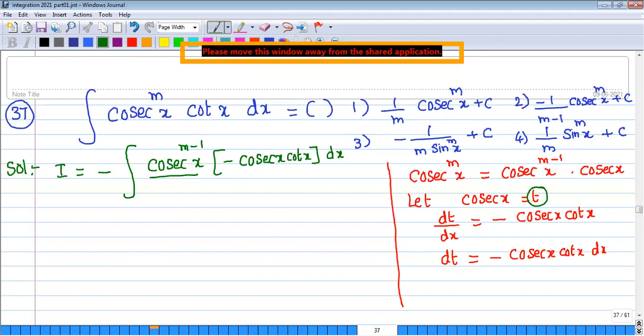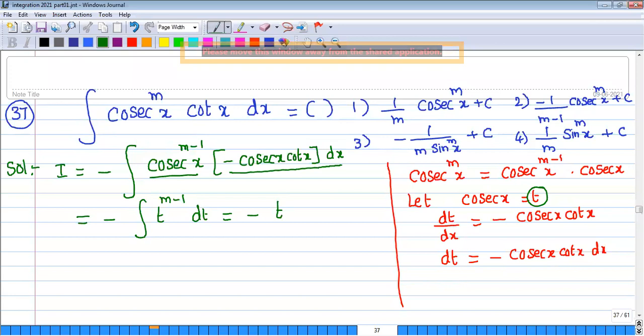In the place of minus cosecant x cot x dx, write dt. This is minus integral of t power m minus 1 dt. This is minus t to the power of m minus 1 plus 1 upon m minus 1 plus 1. Minus 1 plus 1 cancel. This is minus 1 upon m t to the power of m.